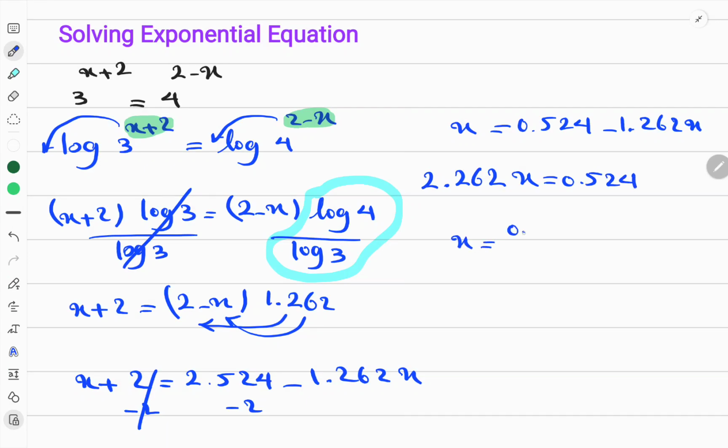So x is approximately 0.2316. This is the answer for x.